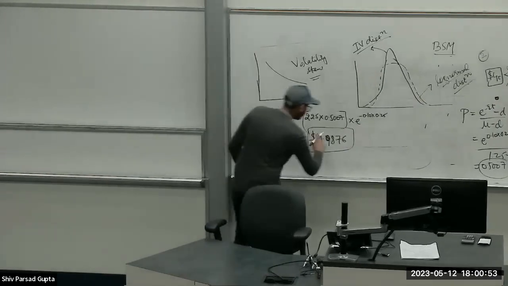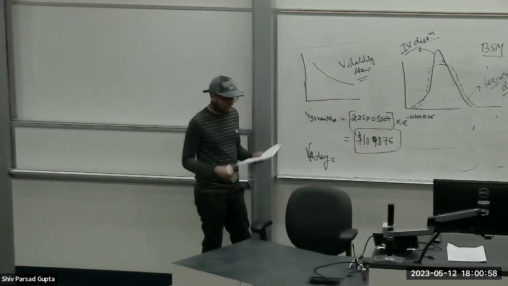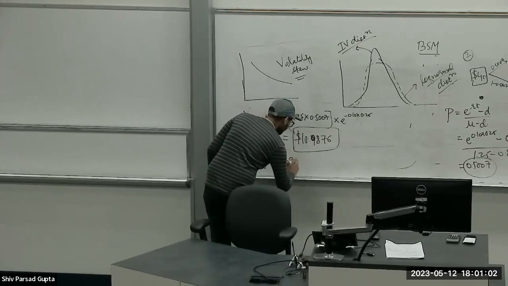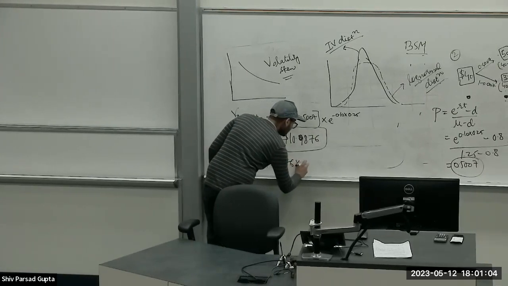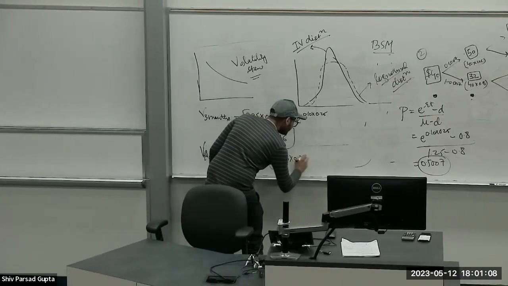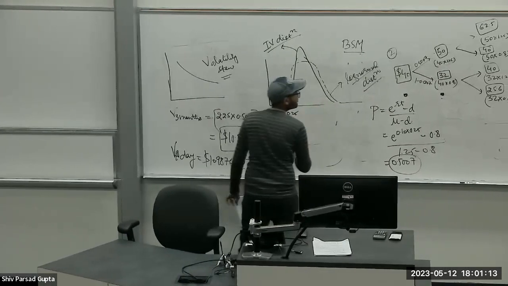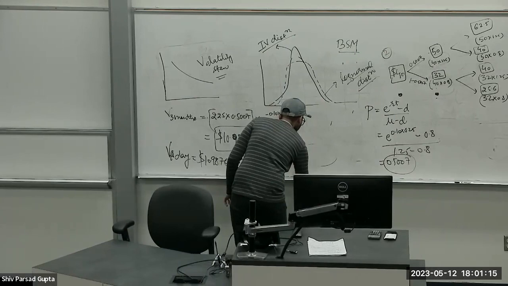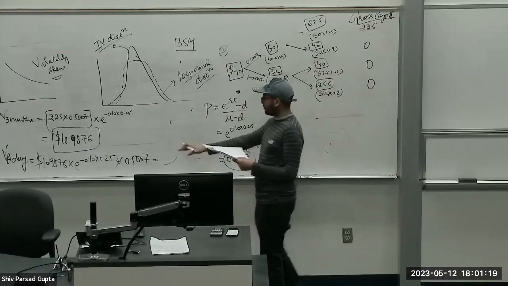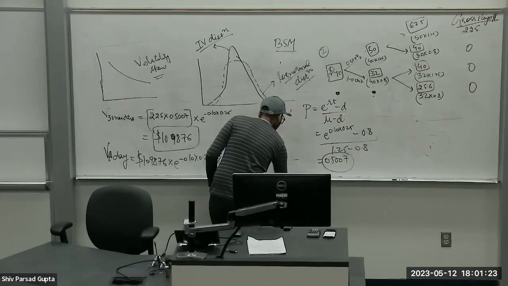Yes. Thank you. So 10.9876 into e to the power minus 0.10 into 0.25, and you also need to multiply by the probability, that is 0.5007. If you do this, you will get the value as 5.3656.